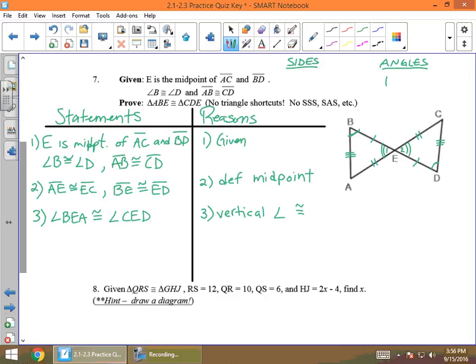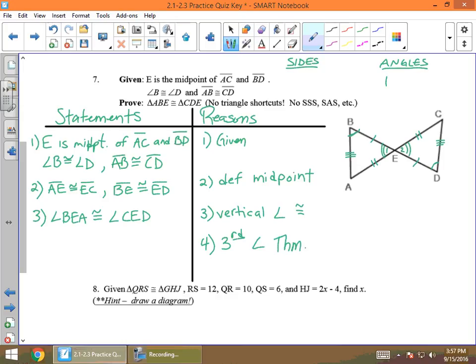And if at any point you get to this one, where you have 2 angles in one triangle congruent to 2 angles in another triangle, then this last one is always the third angle theorem.